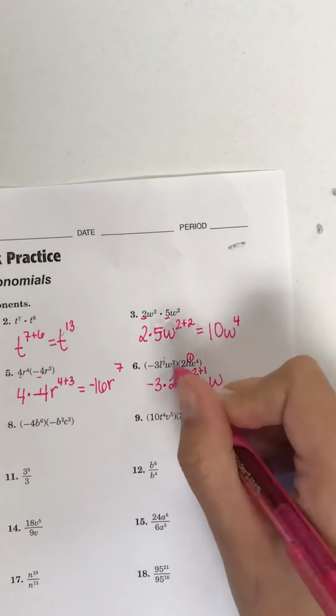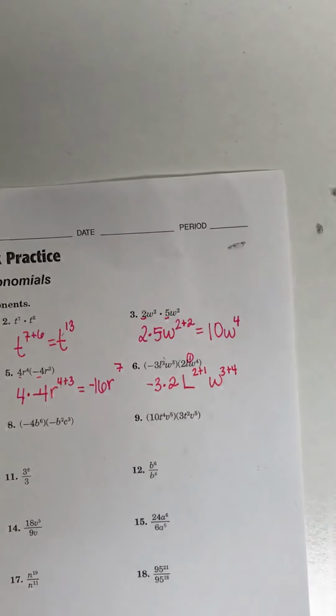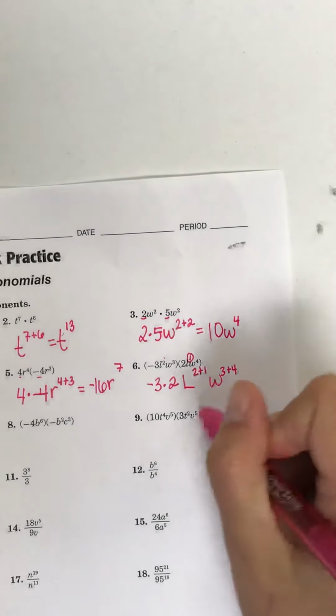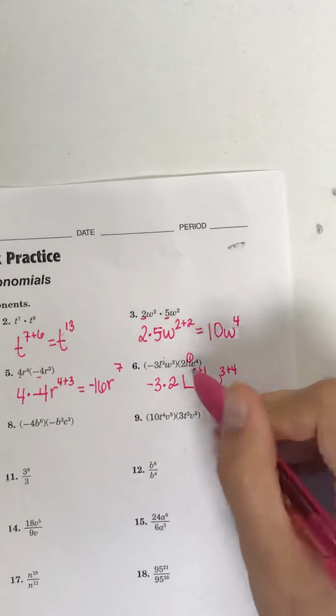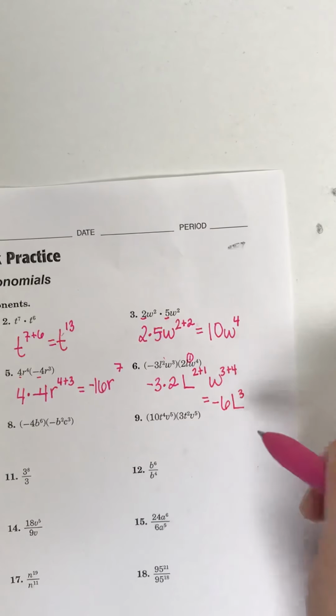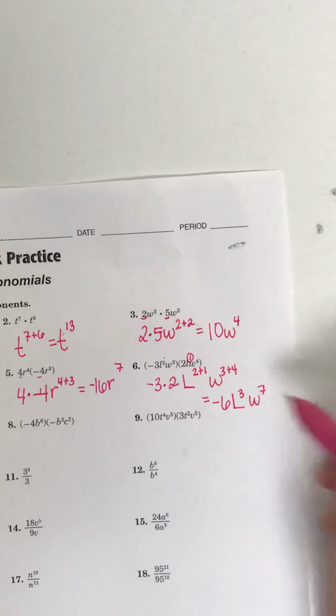And then I go to W, and I add its exponents, which are 3 plus 4. Okay. When you go ahead and simplify, negative 3 times 2 is negative 6. L to the 2 plus 1, which gives me 3. W to the 3 plus 4, which gives me 7.